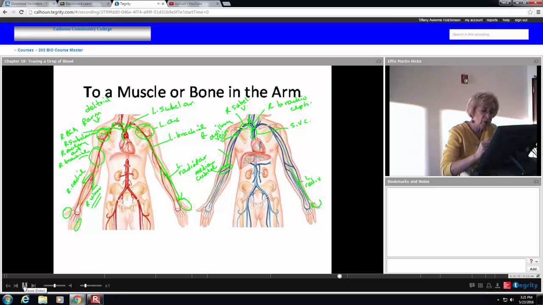The left radial vein is going to come back up here, joining with the ulnar to form the left brachial vein. Then you're going to come up here to the armpit region. It's going to be called the left axillary vein. And then that goes under the collarbone, the left subclavian vein.